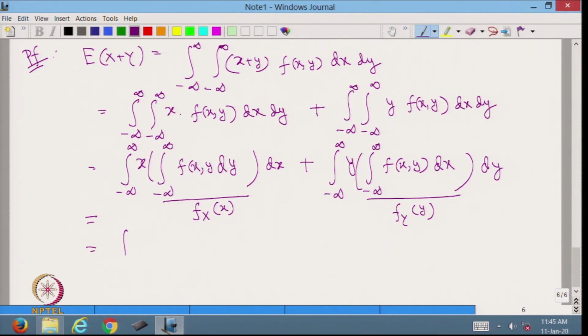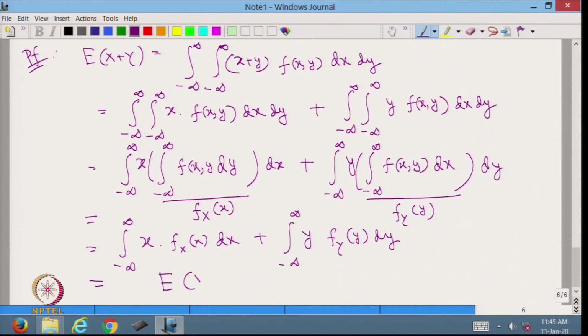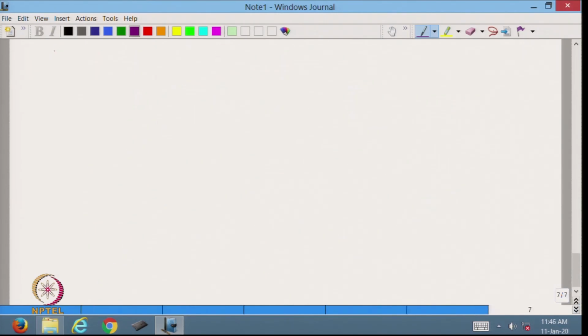Therefore, this can be written as the integral of x times f_X(x) dx plus the integral of y times f_Y(y) dy, which are nothing but expected value of x plus expected value of y.